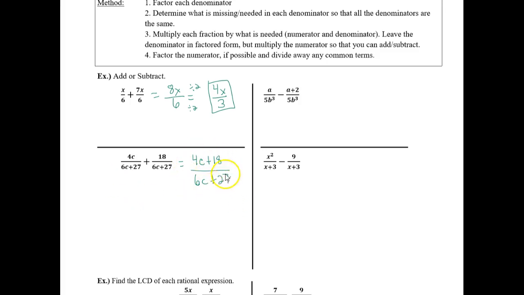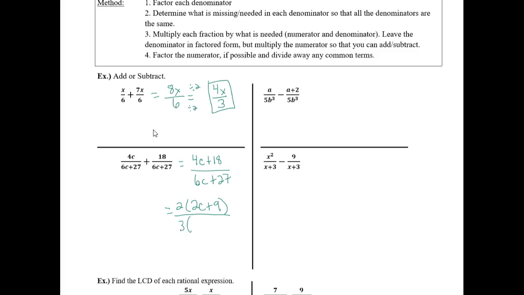Once we've added them, we check to see if there's anything that we can factor. So in the numerator, I see the GCF of 2. I'm going to go ahead and pull out a 2 in the numerator. That would leave me with 2c plus 9. I have to factor the denominator as well. I see a GCF of 3.